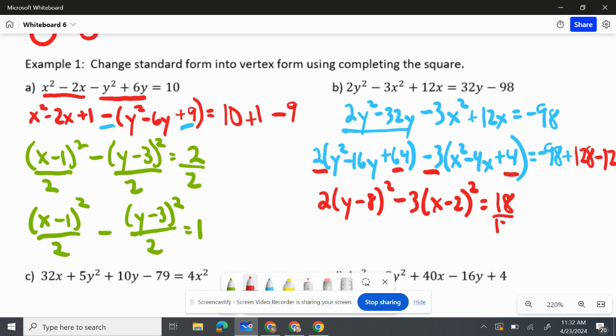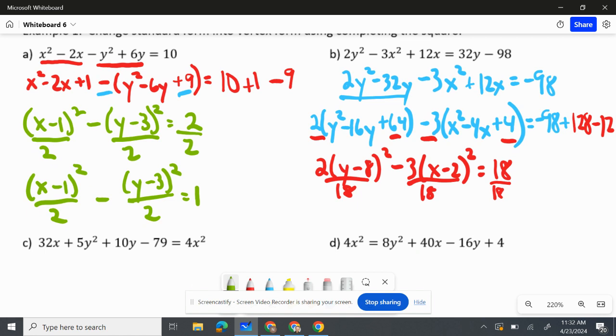Then I divide everything by 18. And so my final answer is going to be y minus 8 squared over 9 minus x minus 2 squared over 6 equals 1.